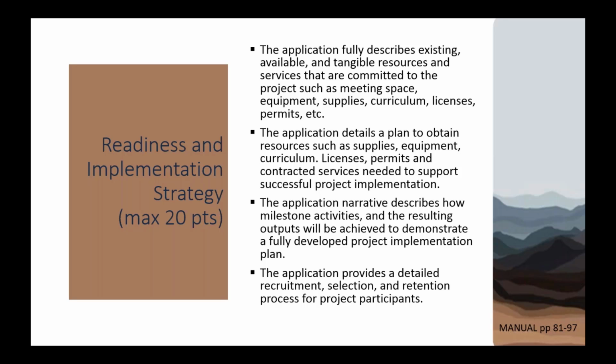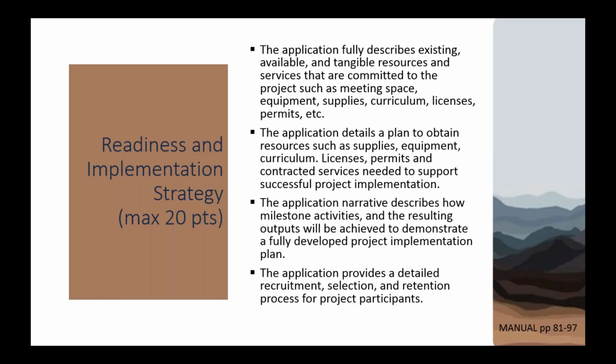The application should also provide a full listing of what the project will need in order to successfully implement the project. Will you need a specialized consultant? Will your staff need any type of licensure to carry out the project activities? Do you need to order extra computers or tablets for students? Whatever it is you need, this is where you want to list that.